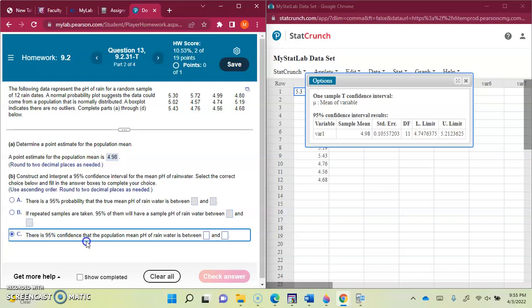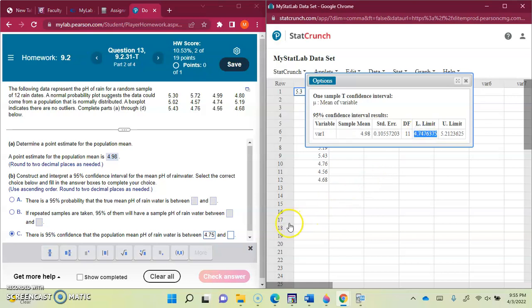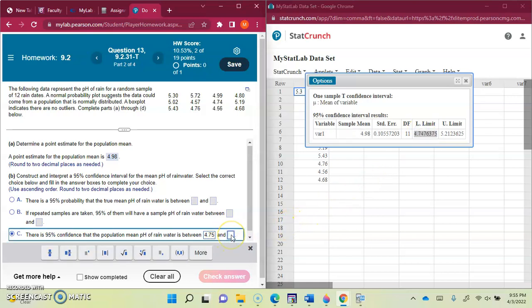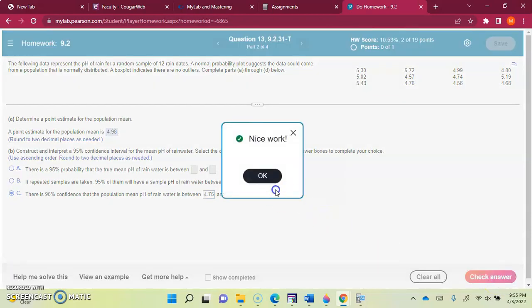There is 95% confidence that population mean pH of the rain is between this. It says you have to give two decimal places, so 4.75 is the lower limit from here, right? The second decimal place, and 5.21 is this one. So I think that should be the correct answer. Okay.